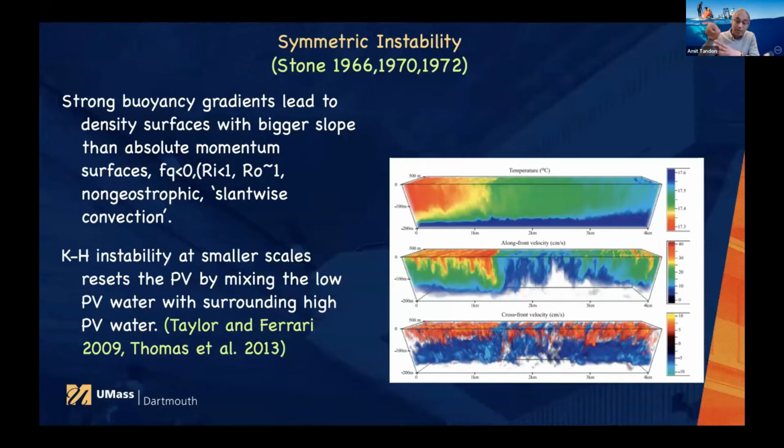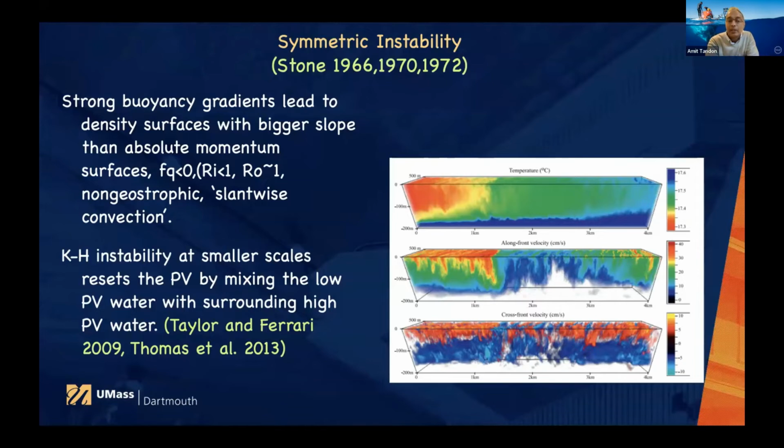Then fluid parcels can slide and grow into an instability which does not vary in the other direction. That's why it's called symmetric, because there is no variation along the front. People often describe it as slantwise convection. It's not convection in the generic sense, but there are certainly slantwise motions.